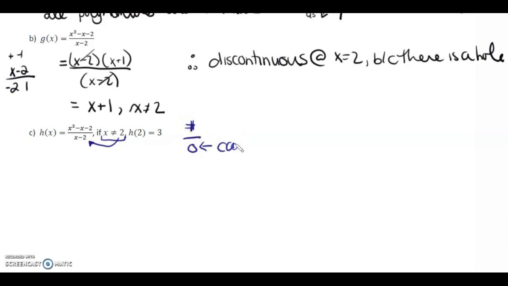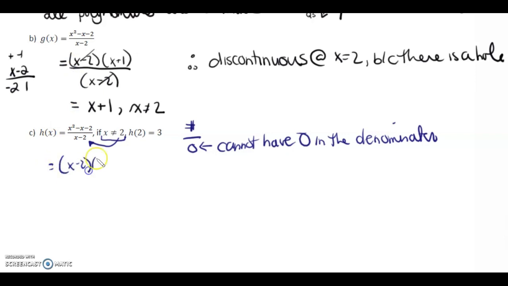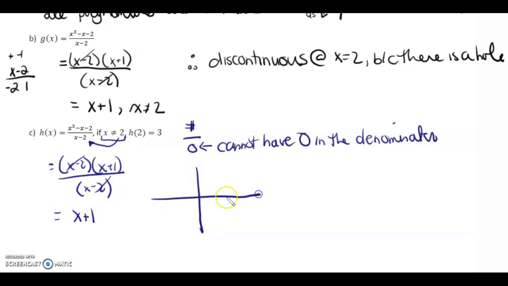Okay, cannot have 0 in the denominator. Okay, so if we do the same thing as above, we would factor it to x minus 2, x plus 1. We would put it over x minus 2, cancel those out. Now we have a linear function, x plus 1. But we know that that linear function is going to have a hole.